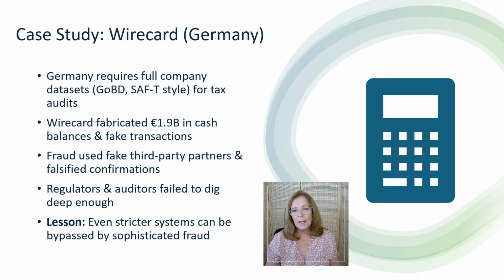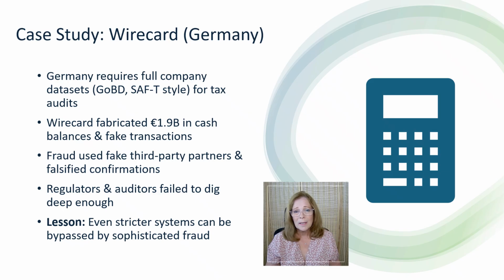They created fake third-party partners in Asia and invented transactions. When auditors finally pressed for independent bank confirmations in 2020, the money wasn't there. Wirecard collapsed into insolvency and became the first DAX 30 company ever to collapse due to fraud. The DAX in Germany is the equivalent of the Dow Jones Industrial Average.